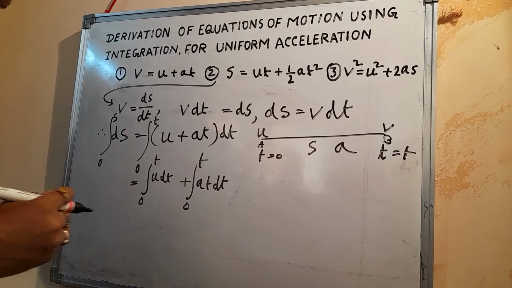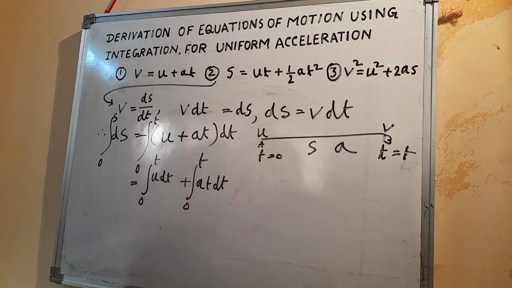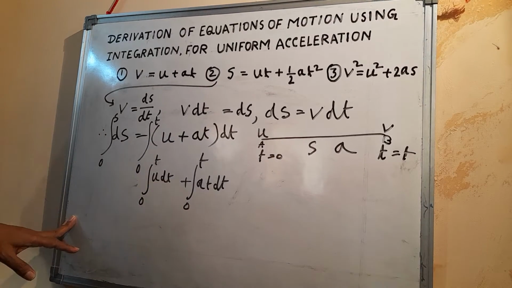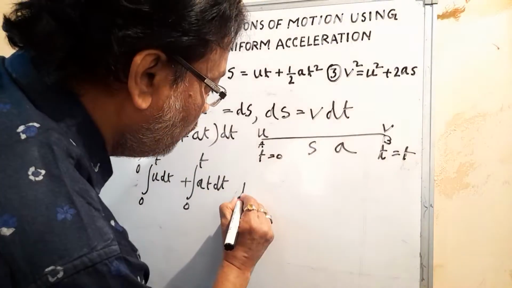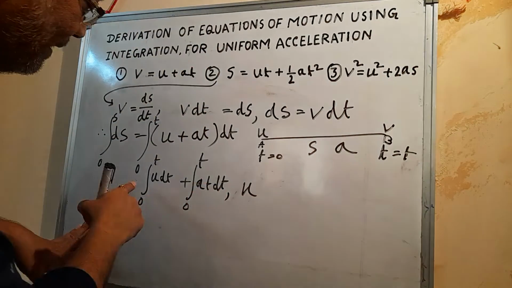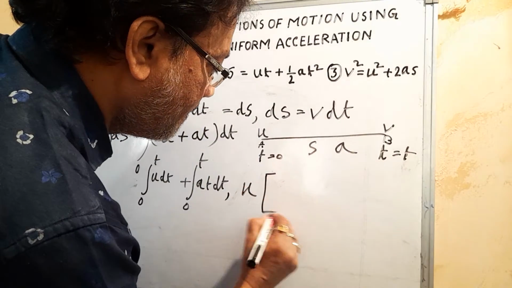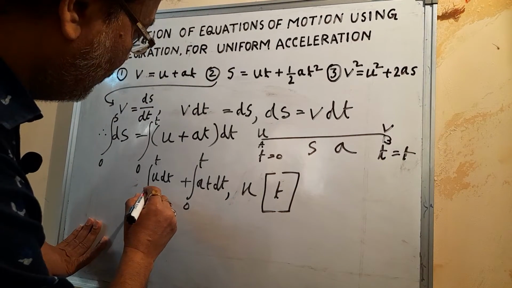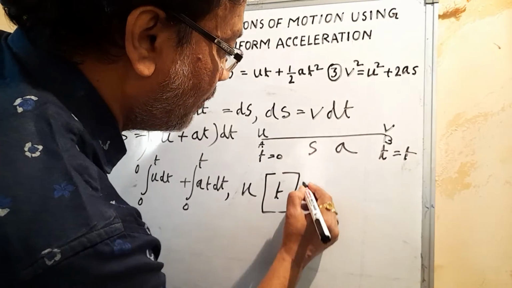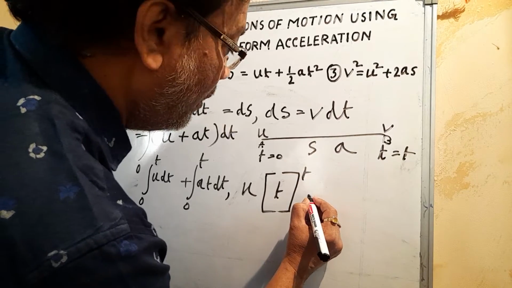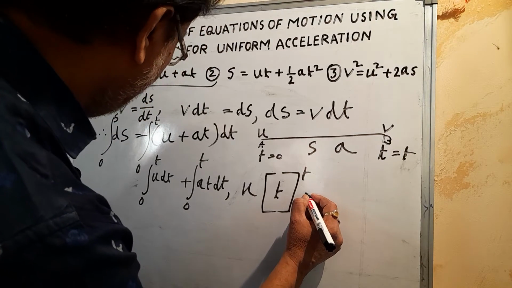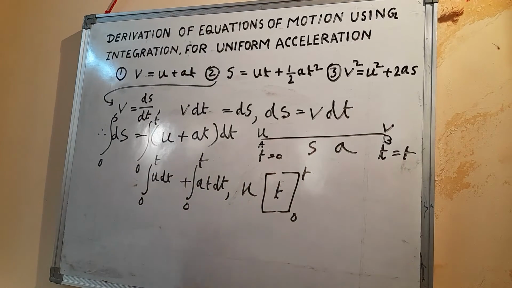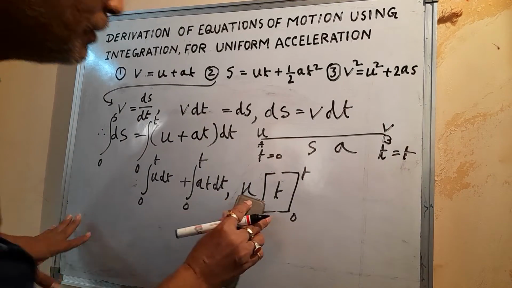After integration, we get ut, with t varying from 0 to t.